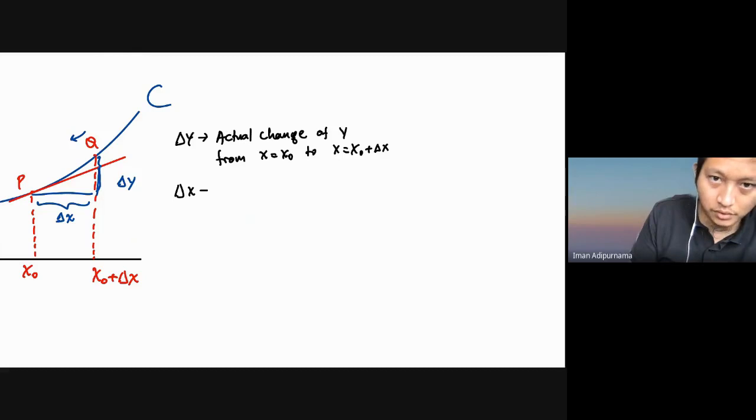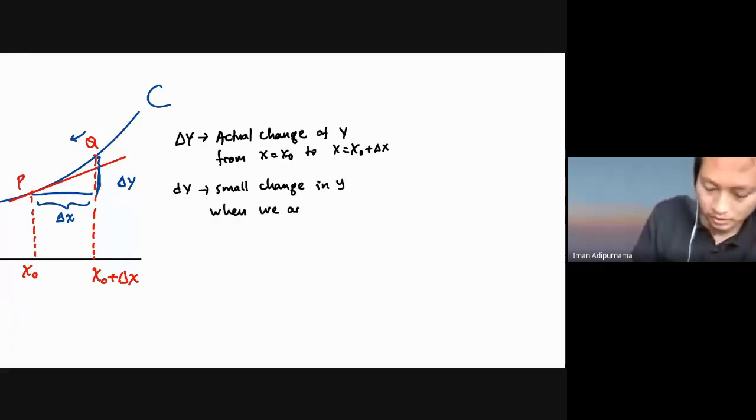And dy, wait, it should be dy. So dy is a small change in y when we are using the tangent line.